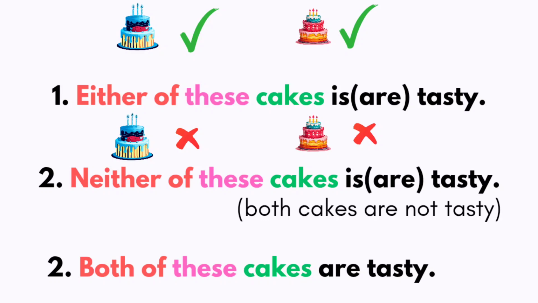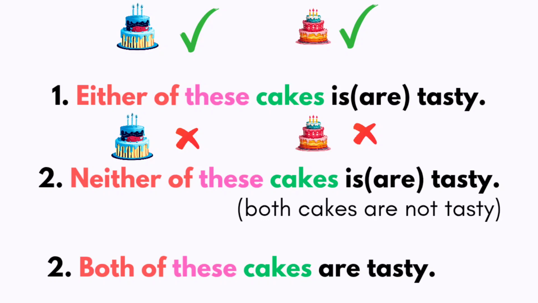Generally people use that, okay? If you use singular verb after plural noun, that means you want to be formal, okay? Generally, after either, neither, we only use singular verb. But in this fifth case, we can use singular verb or plural verb.